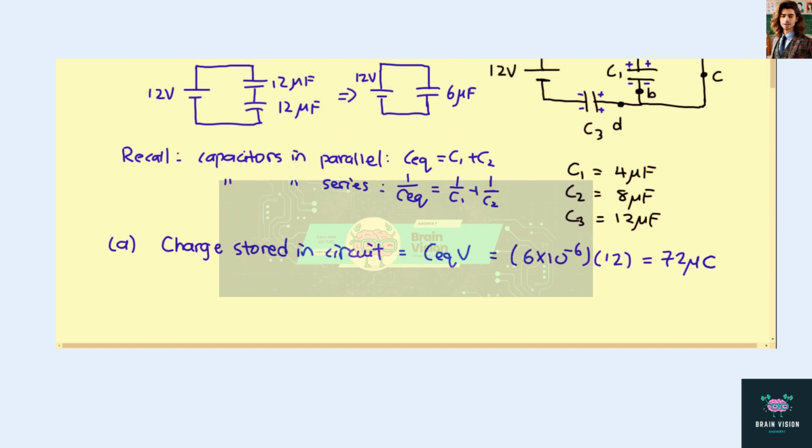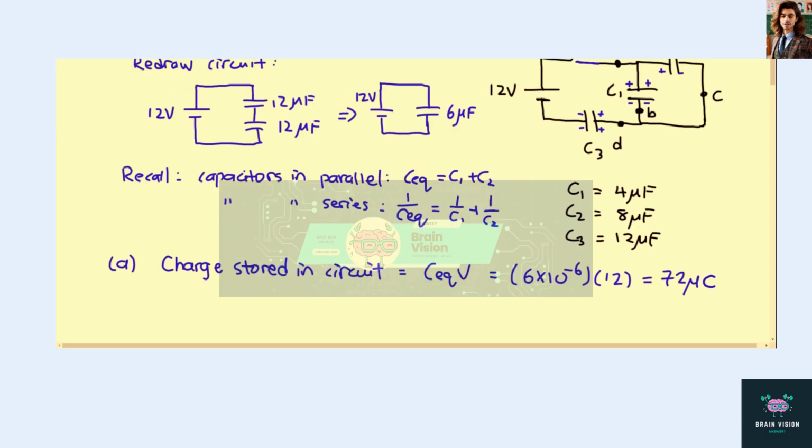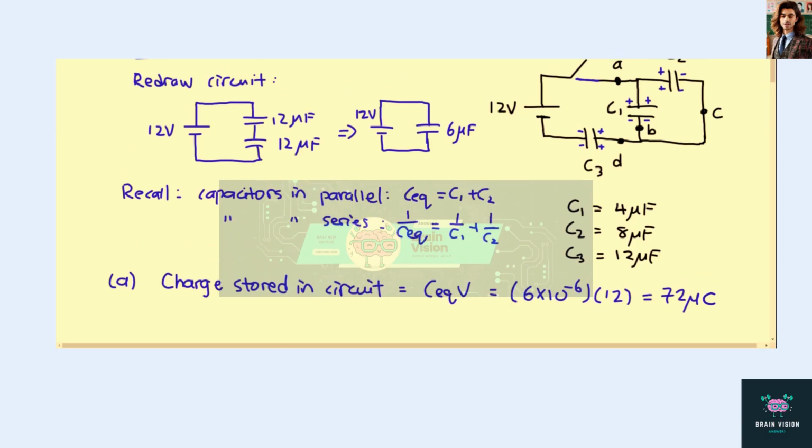In the redrawn circuit, this is our point A and this is our point D, so points A and D will have the same charge.